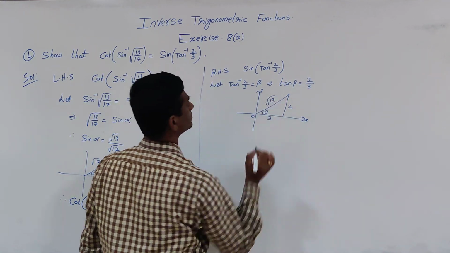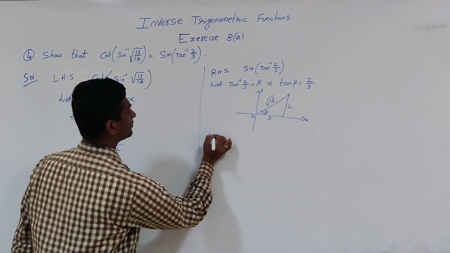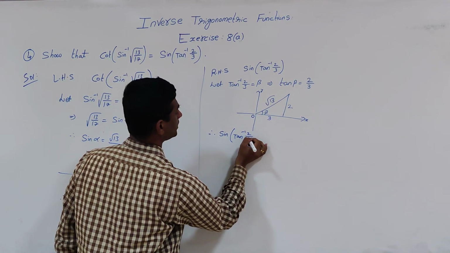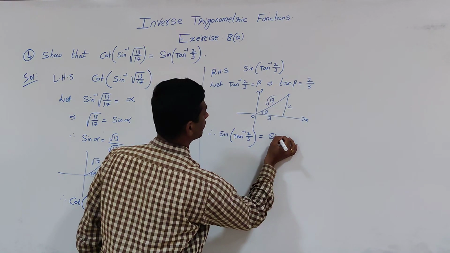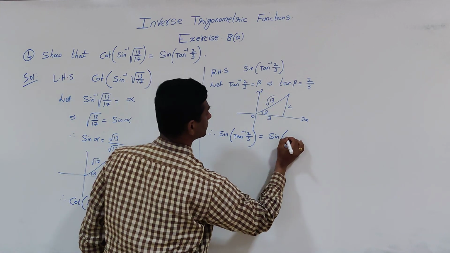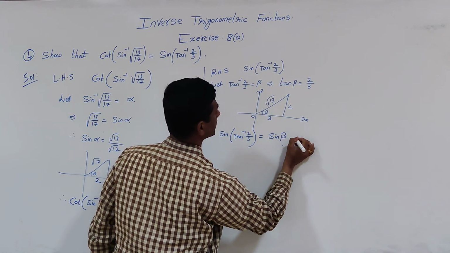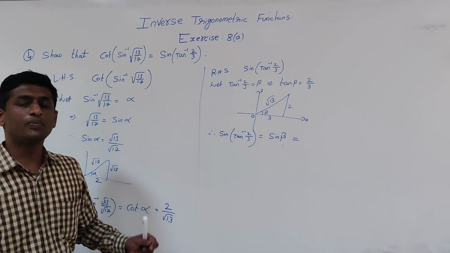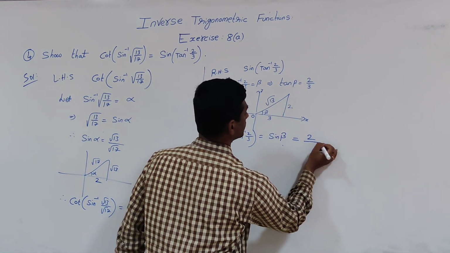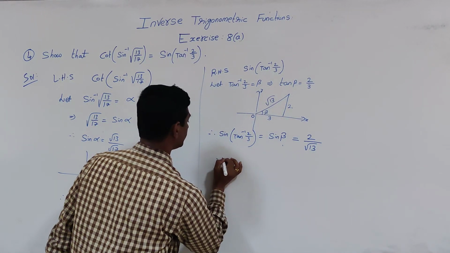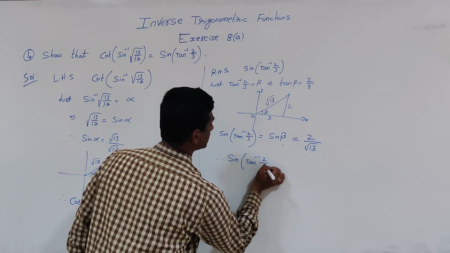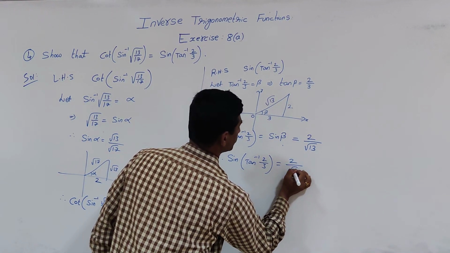So root 13. Now sine of tan inverse of 2 by 3 is sine beta. But what is sine beta? Opposite side by hypotenuse. Opposite side is 2, hypotenuse is root 13. So sine of tan inverse of 2 by 3 is equal to 2 by root 13.